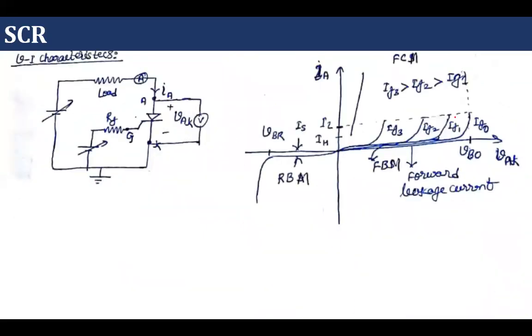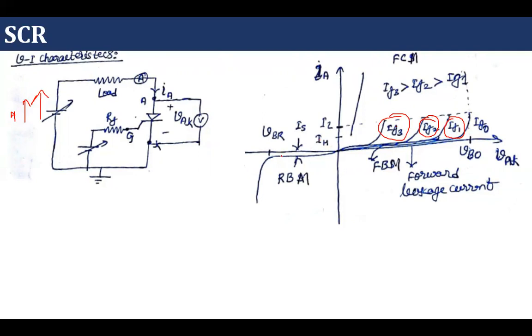If current is IG1, breakdown will happen at a slightly larger voltage. If gate current is higher, breakdown will happen at a slightly lower voltage. And if we increase the current again, breakdown will happen at a lower voltage, so the device will be turned on faster. And this breakdown in junction J2 is not happening at its maximum level, so it will not burn out. This way we turn on the device.